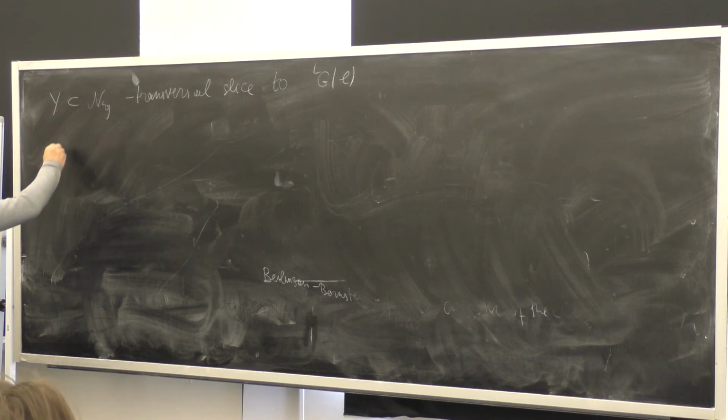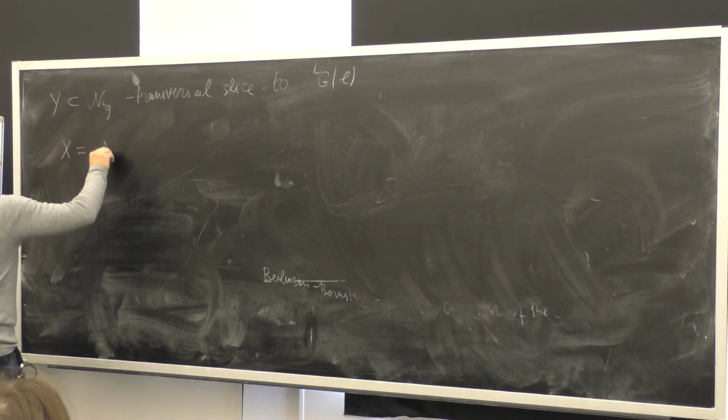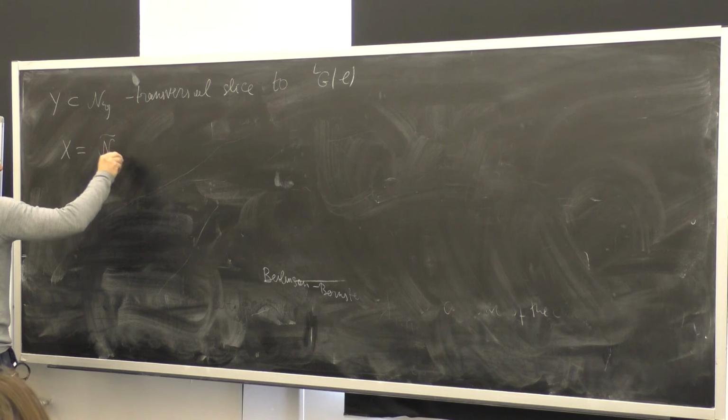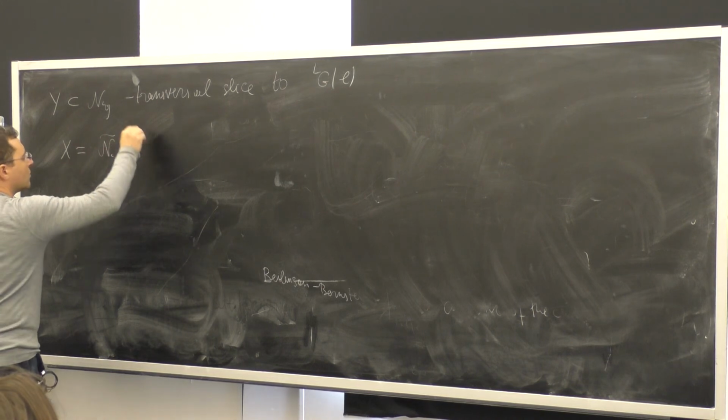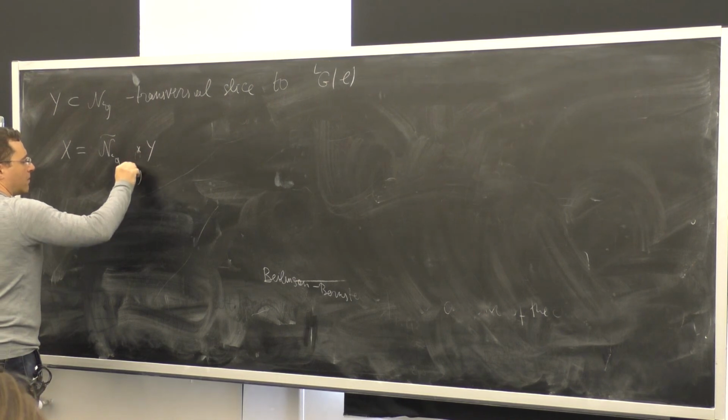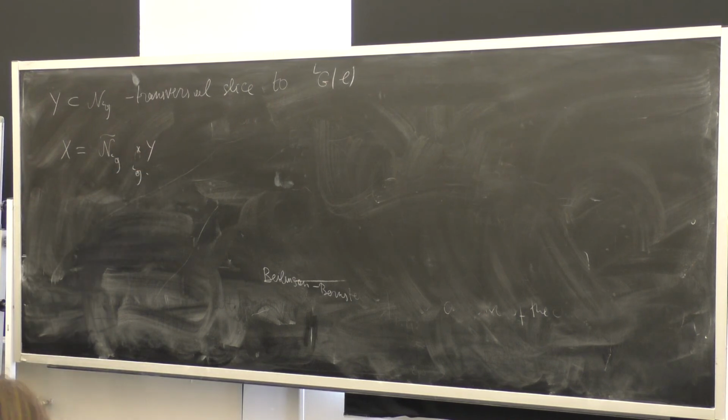And X dual will be its usual resolution, so you can take it to be the T star flag variety for the dual group intersected with Y dual. In other words, it's the pre-image of Y dual under the Springer map.